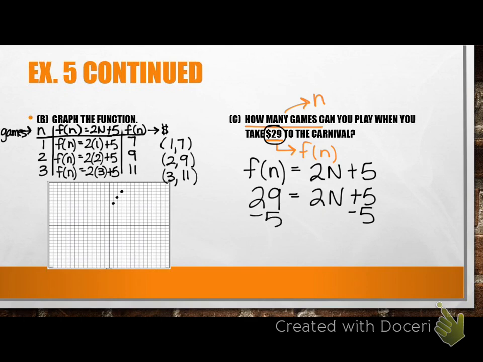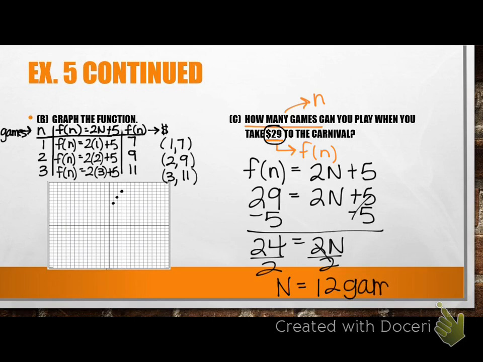Subtract 5. We have 24 equals 2n. How do we solve for n? Divide by 2. And so n equals 12 what? Because it's a word problem, 12 games. Remember, n represented the games. So n equals 12 games. And that is lesson 4.7.